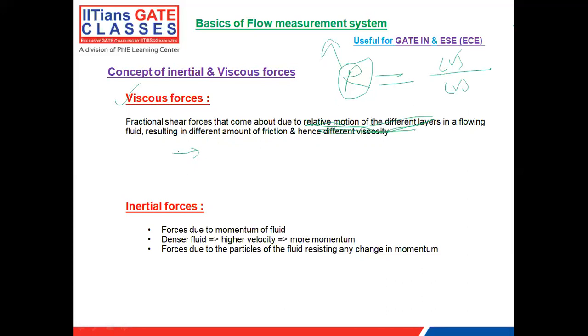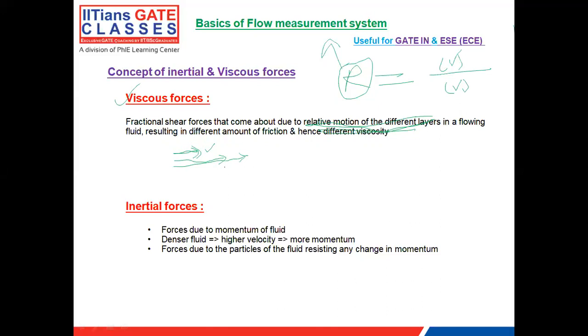So if one fluid layer is moving with one constant velocity, another fluid layer near the boundary is moving with a different constant velocity, and a third fluid layer is moving with yet another constant velocity, then there will be more frictional shear forces and more viscous friction forces.